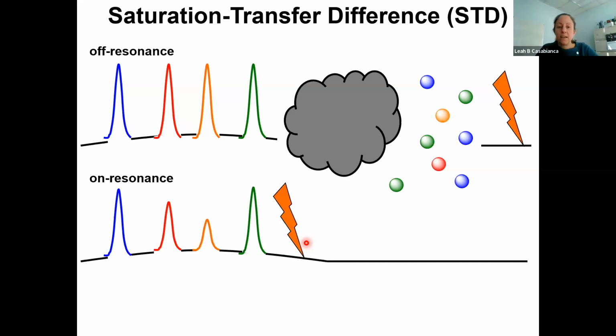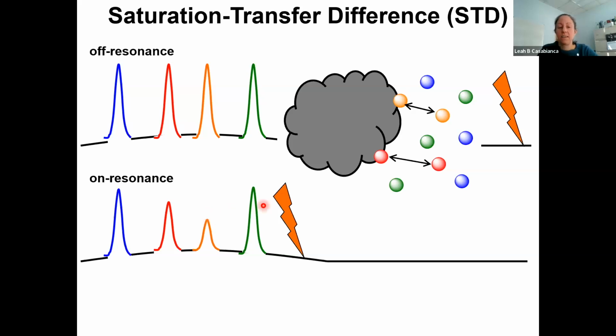When you do this, if there are ligands that interact with the receptor surface during the saturation time, in this case the orange and the red ligands, they will receive some of that saturation. And when they do, this leads to a decrease in signal intensity for those two ligands.